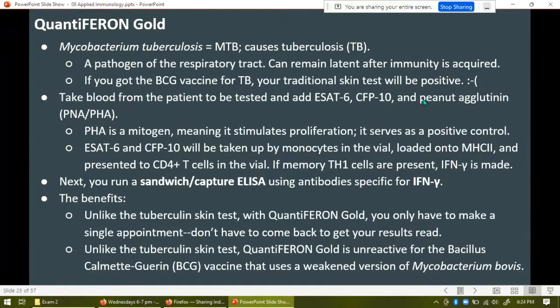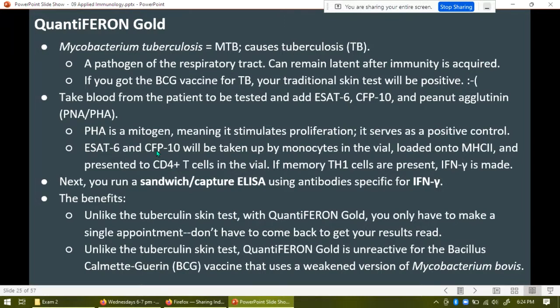You also add phytohemagglutinin, sometimes abbreviated PHA. This is a mitogen. What that means is it is a molecule that stimulates cells to grow. It stimulates them to proliferate. And it serves as a positive control and can adjust for any background signal in this test.